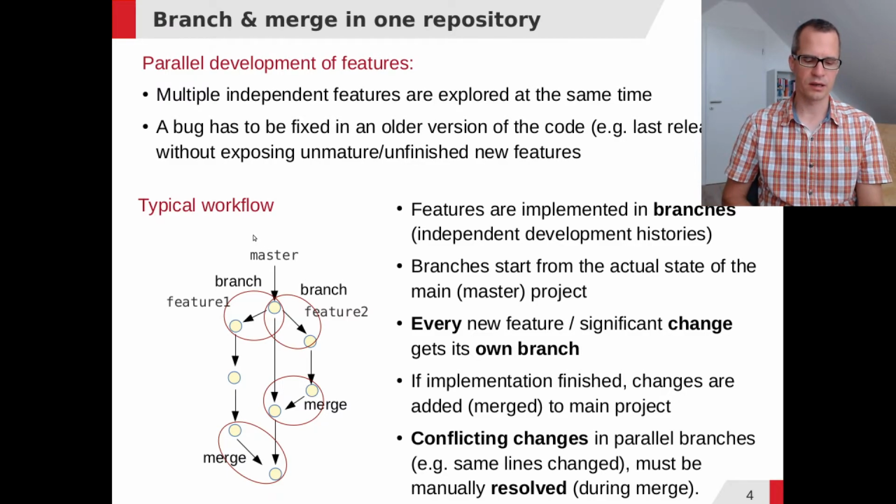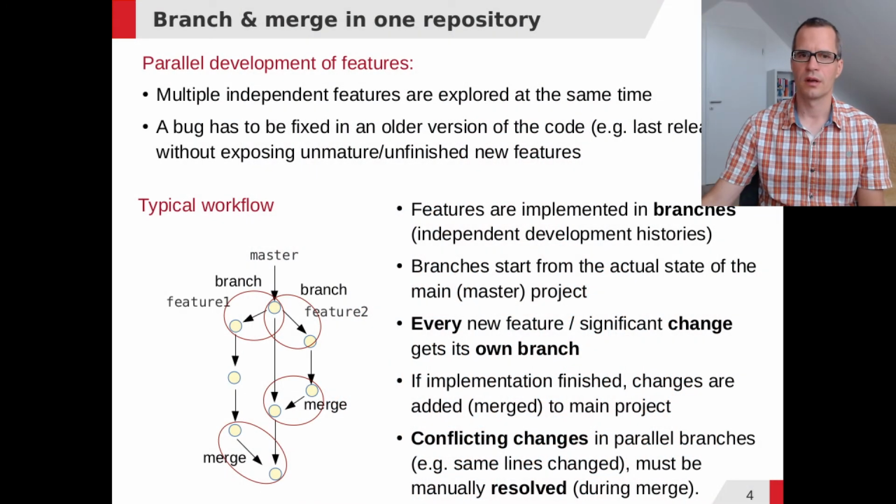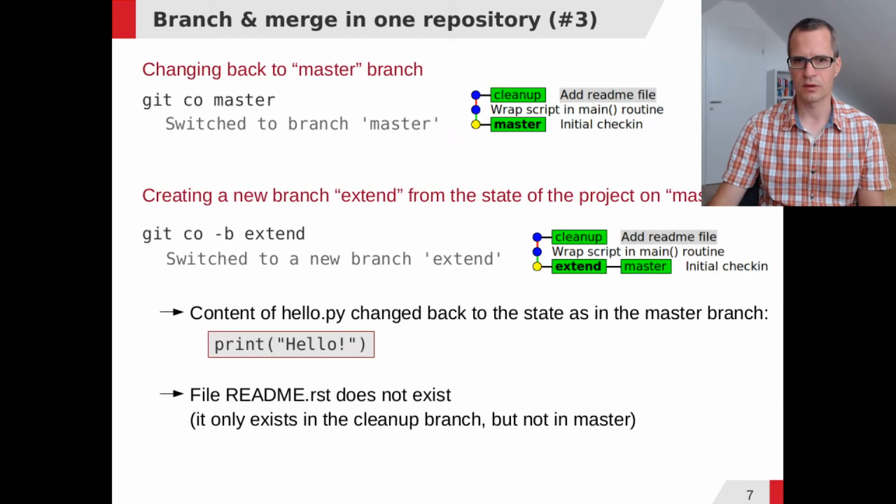Now what we are trying to achieve is to import those changes which we have made in the parallel branches into the master branch, because usually the master branch contains the stable version of our project, the version which I'm willing to distribute. Now we think those changes are mature enough, so we want to integrate them into the master branch. And this is exactly the next thing we would like to do.